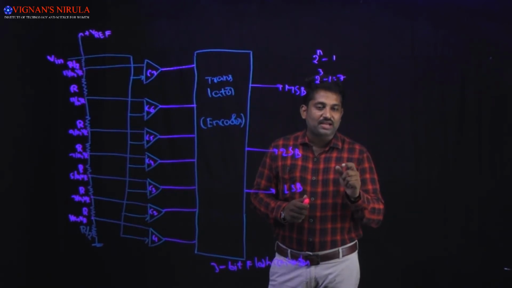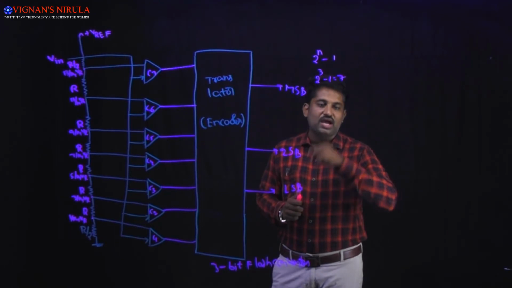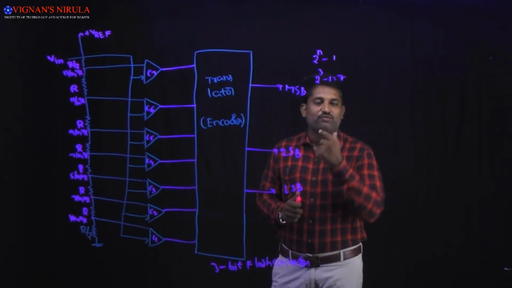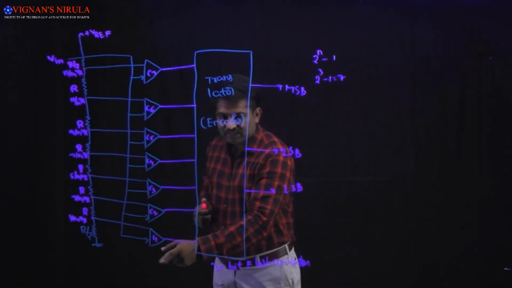Whenever the comparison happens between the input voltage and the reference voltage, if the input voltage is greater than the reference voltage, then the output generated by the comparator is 1.